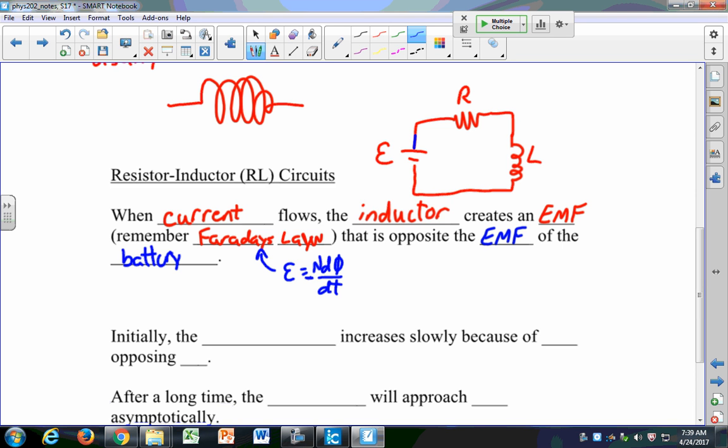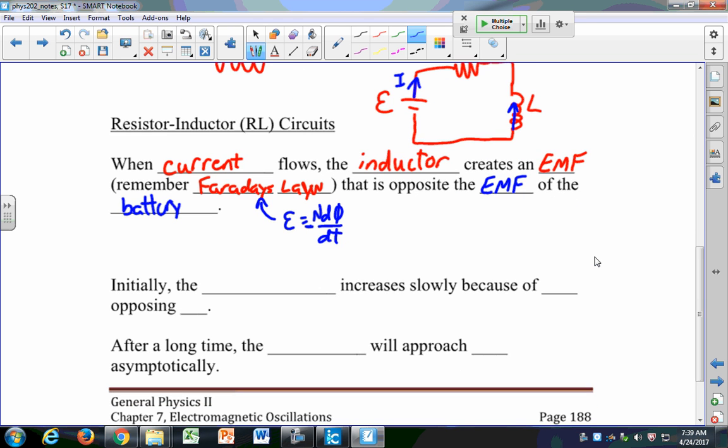So this EMF is going to be opposite the EMF of the battery. If we think of the battery's EMF creating a current that goes in this direction, the inductor will actually create a current that goes in the opposite direction. So the inductor will impede the EMF of the battery as it's sending current through that circuit.